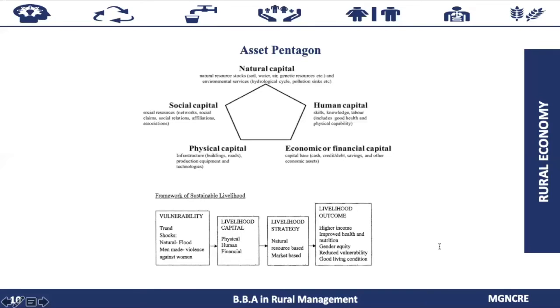Now, finally, the livelihood approach and framework originated in rural areas, but it can be applied in urban areas too. The framework of sustainable livelihood generally analyzes the risks to which the poor in particular are vulnerable and the strategies they adopt in striving to achieve livelihood outcomes such as higher household income.